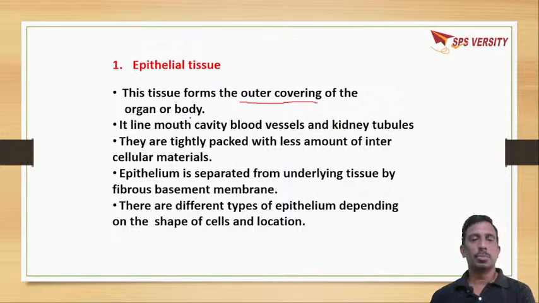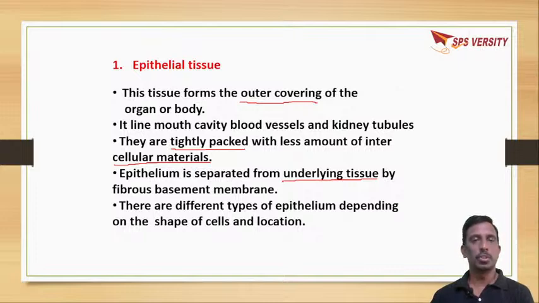In this epithelial tissue, the cells are tightly packed, so they have less amount of intercellular material. Intercellular material means which is present between the cells. This epithelium separates from underlying tissue by the basement membrane.